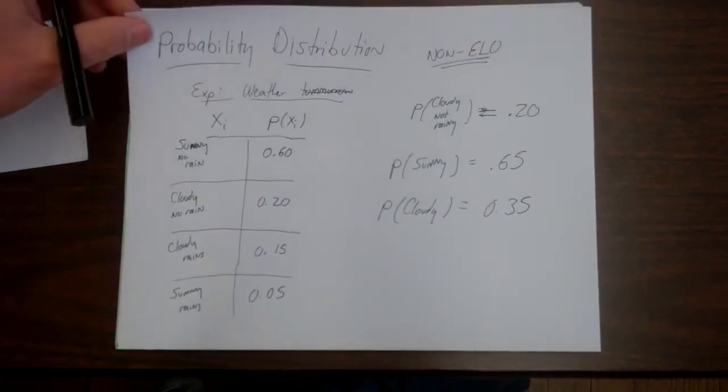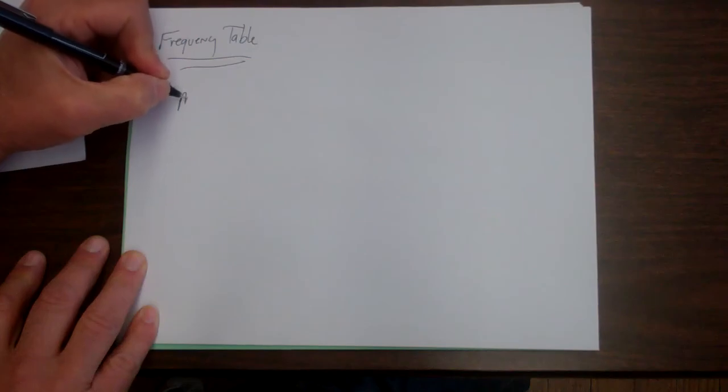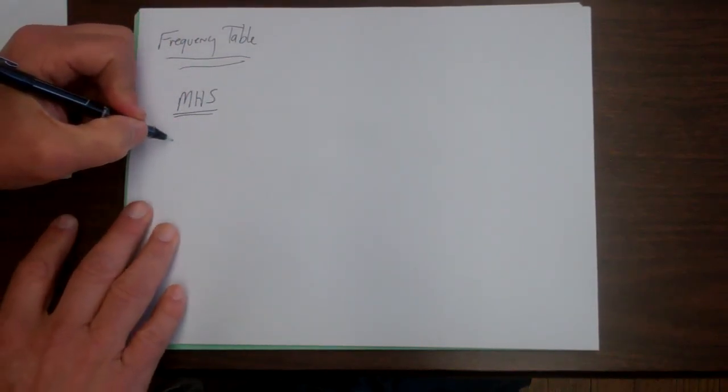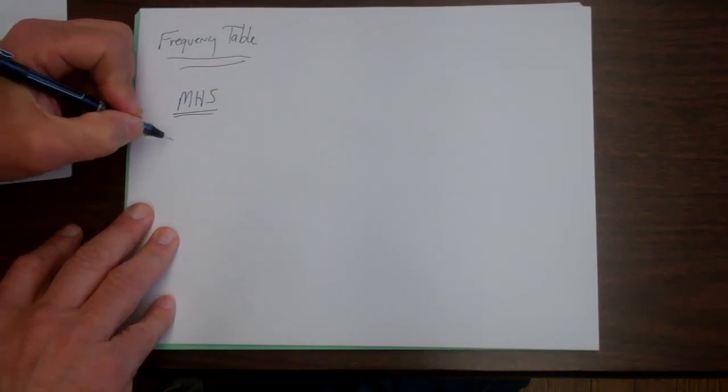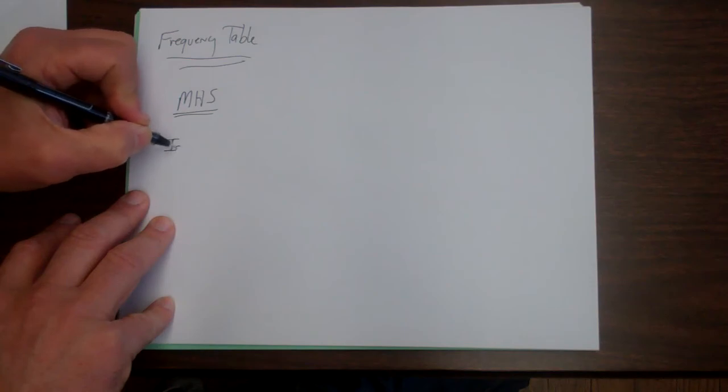Sometimes they have something somewhat similar. They have something called a frequency table or a relative frequency table. And you do something very similar there. You might have a little bit more math to do, but let's say we look at a certain high school. Let's say it is Monte Vista High School. And let's say in Monte Vista High School there are 200 people that like ice cream.